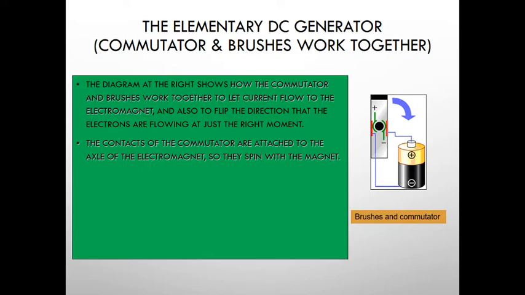The contacts of the commutator are attached to the axle of the electromagnet, so they spin with the magnet.